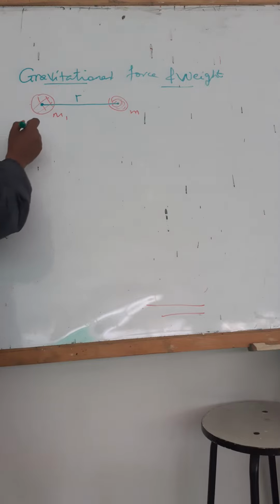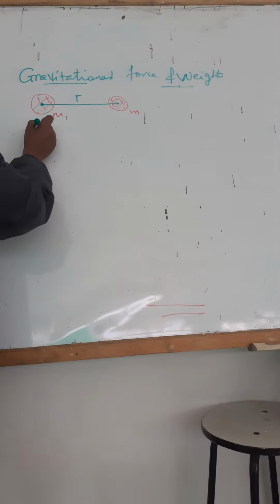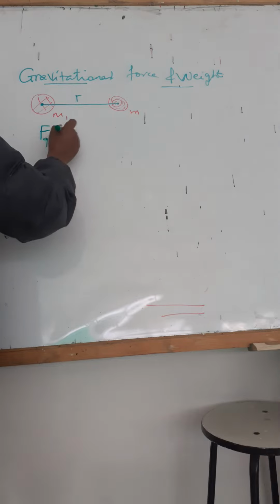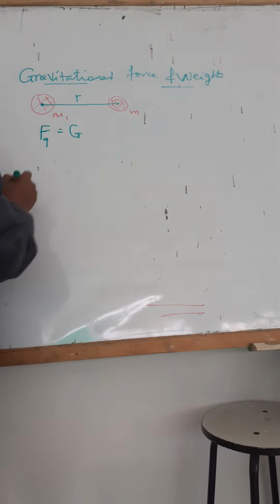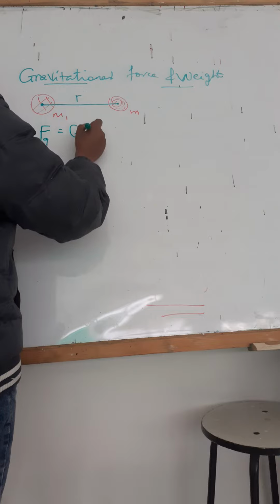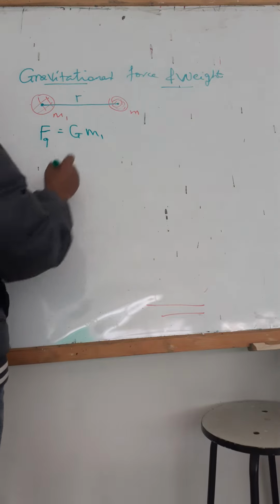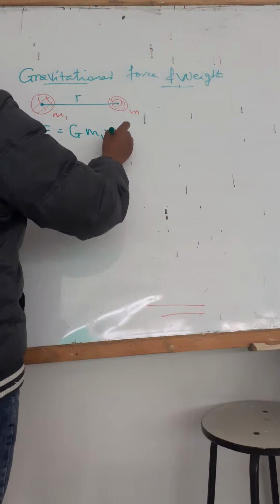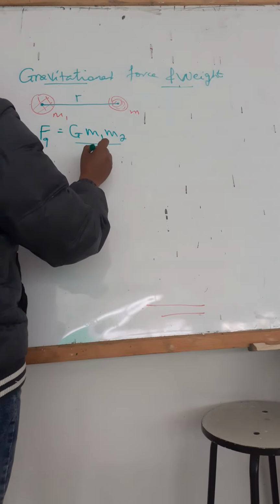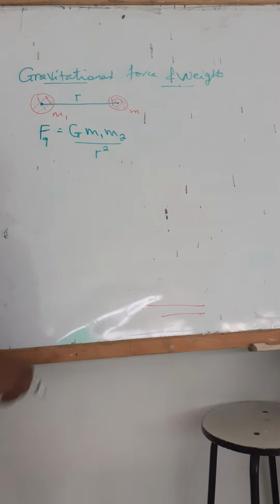So it is given as Fg, gravitational force, equals the universal gravitational constant, G, times mass 1 times mass 2 over the distance between the two masses squared.